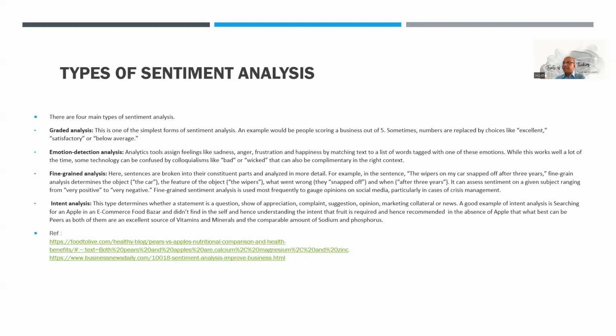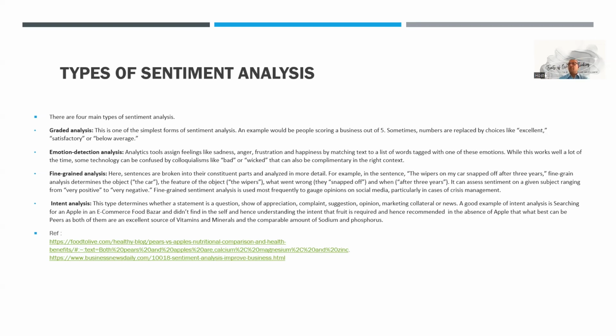So if that is analyzed in small pieces, that particular negative statement is associated with what particular pronoun or noun, right? And if that is analyzed in a segregated way, that gives a better picture of the whole literature. So that is fine-grained analysis.